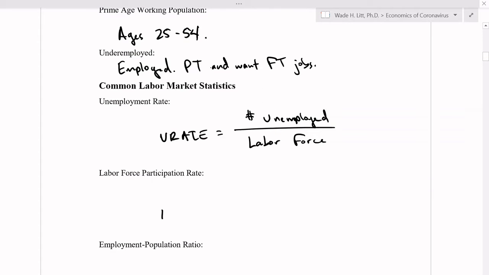Labor force participation is equal to the labor force divided by the adult population.